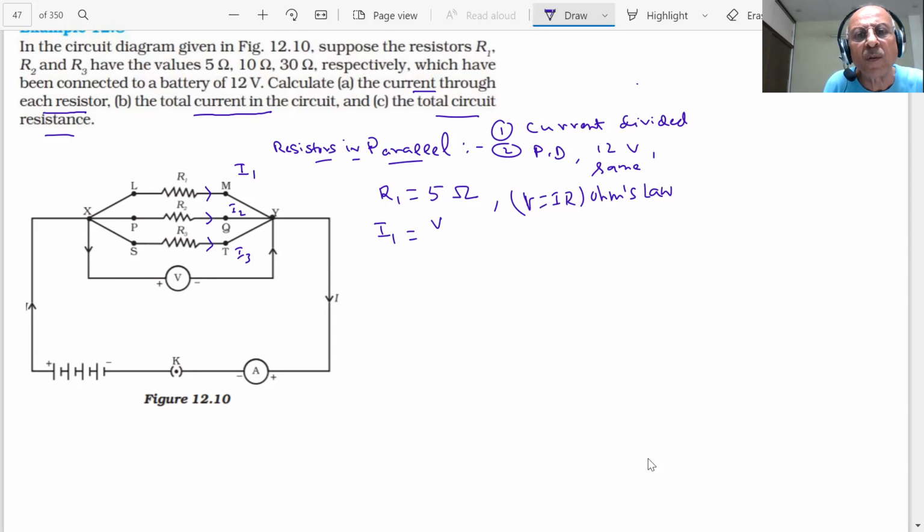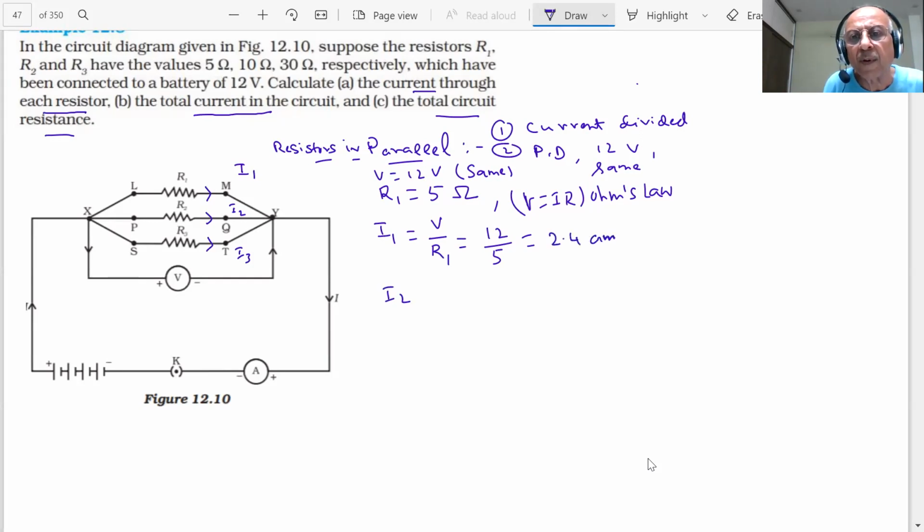V is 12 volt. This is the same in parallel for everyone. So V by R1, 12 by 5. How much is it coming? So 2.4 amperes.